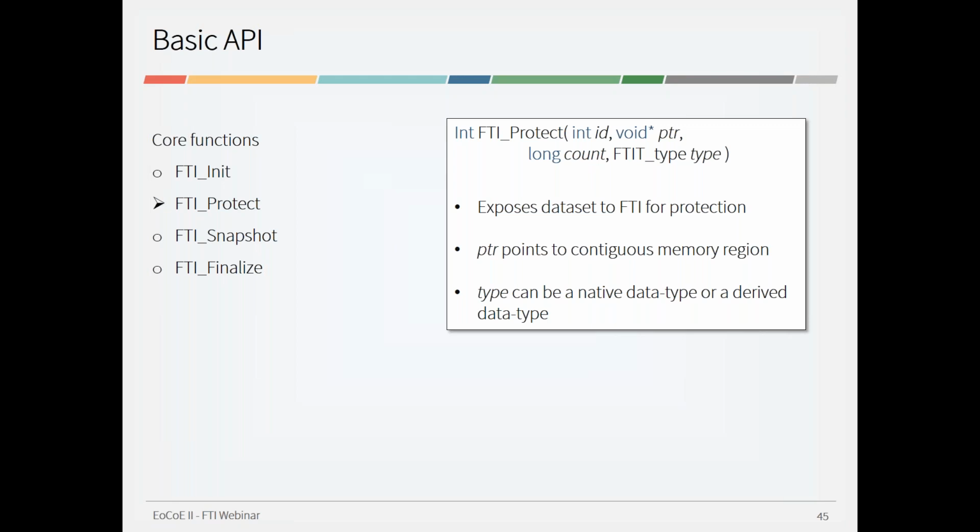And we can then, at time of the checkpoint, include this data in the checkpoint file. So this is basically registering the data to write it into the checkpoint file. When the pointer changes or the size changes, you need the ID that you have assigned to this buffer, in order to call the same function again and update the pointer or the size information.